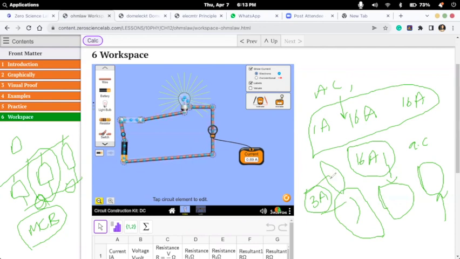Because the circuit we are using in our homes is a parallel combination, right? So whatever the voltage at the main board or main supply, that voltage continues to all the devices.